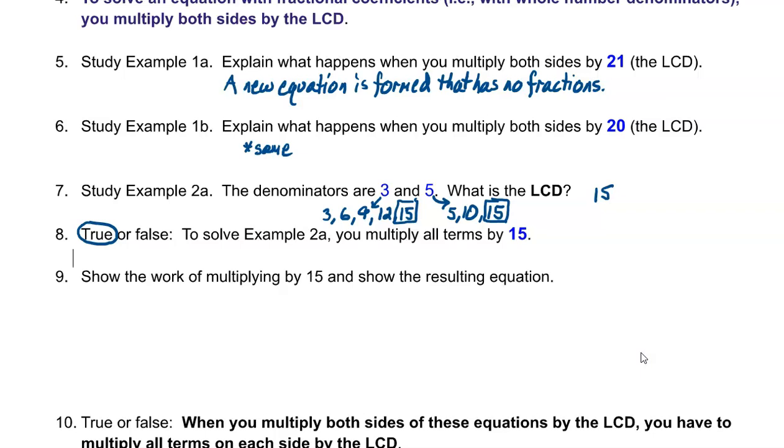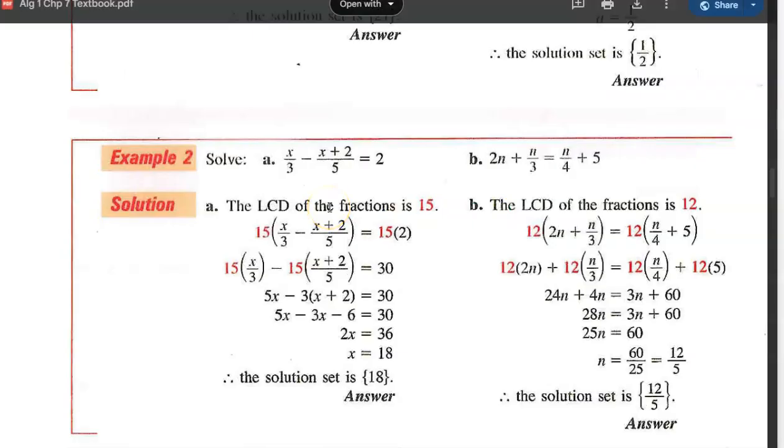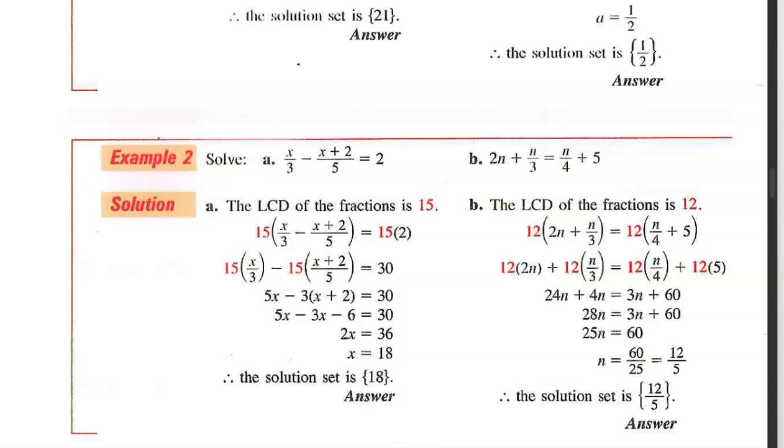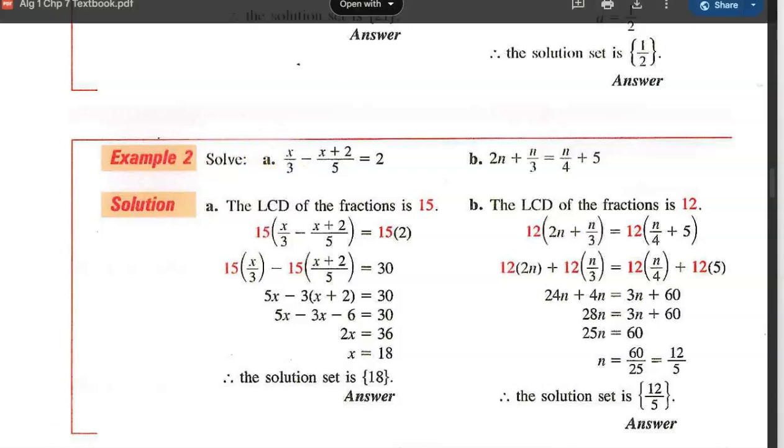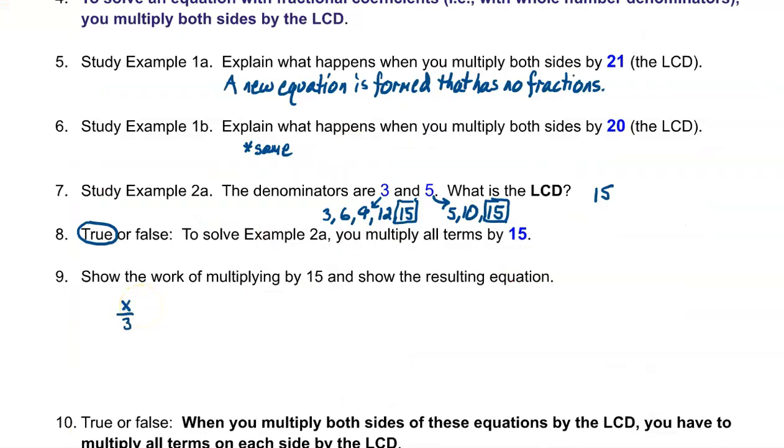So the first thing we need to do in the blank space is copy down the example from the textbook. A is right here. We want to copy that down onto our notes. We have already figured out that the least common denominator is 15.